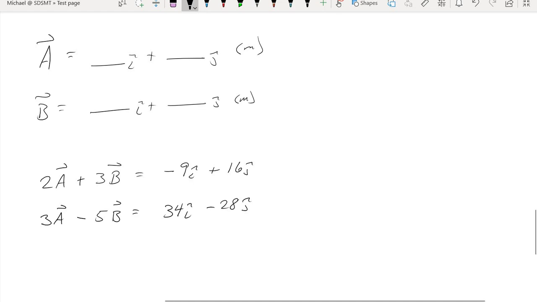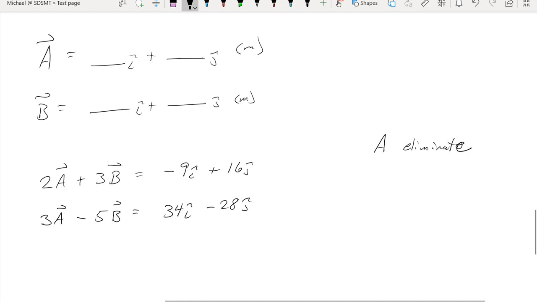First, we need to basically just pick one of the two unknowns that we want to eliminate. And so I'm going to choose A. I want to eliminate A from this system of equations. And to do that, I need to get the same coefficient in front of my A for each of those equations.